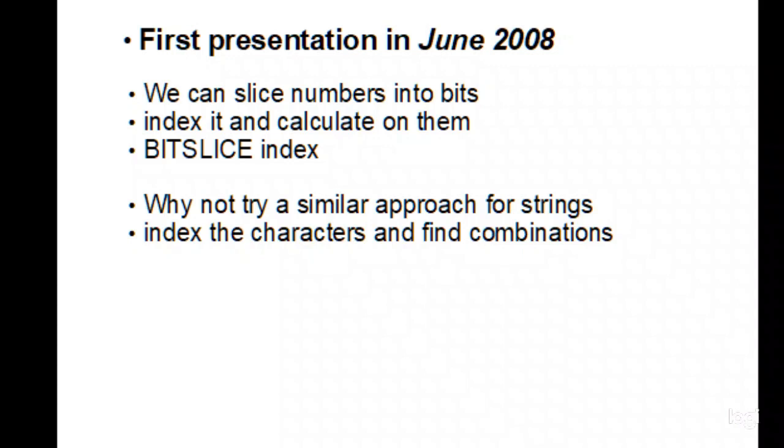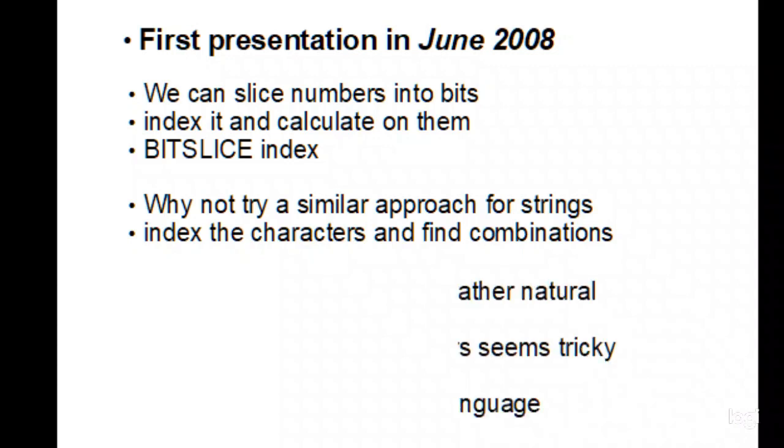And the question that came up was, why can't we do this also for characters? Taking some characters somewhere in the text and looking for them in a fast mode.